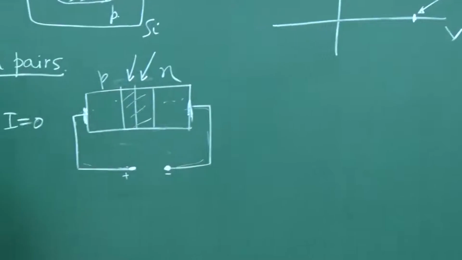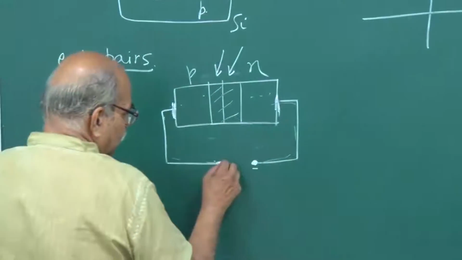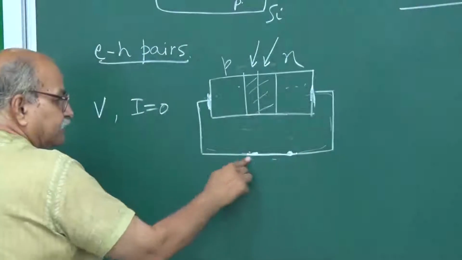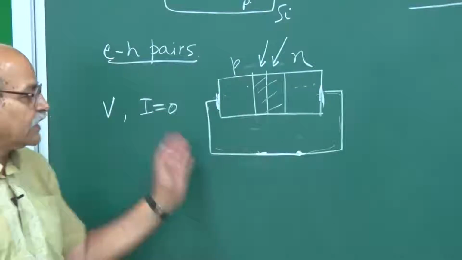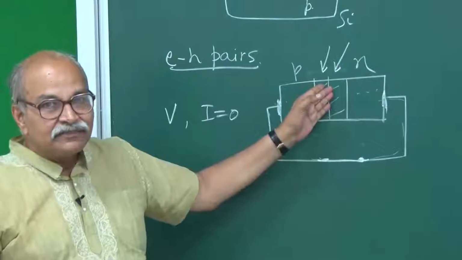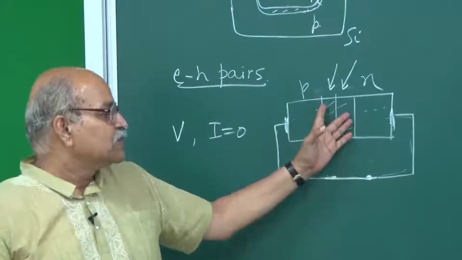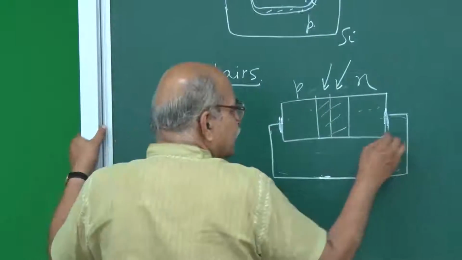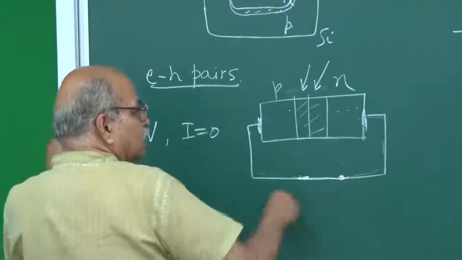What if I connect it to a load? First connect it by an almost resistanceless wire. So, I just connect it. Then what will happen? Light is falling and therefore EH pairs are being created, and therefore the electrons are going this side and these holes are going this side.